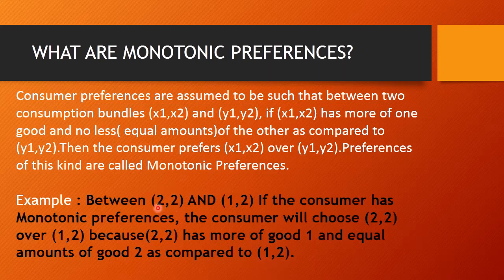The bundle 2-2 has more quantity of good 1 than bundle 1-2, and it has equal quantities of good 2 as compared to the bundle 1-2. So I want you to think of more examples. For example, 3-4 and 3-3. 3-4 has more of good 2 as compared to bundle 3-3, and 3-4 has equal amounts of good 1 as compared to bundle 3-3. Similarly, you also will be able to come up with examples.